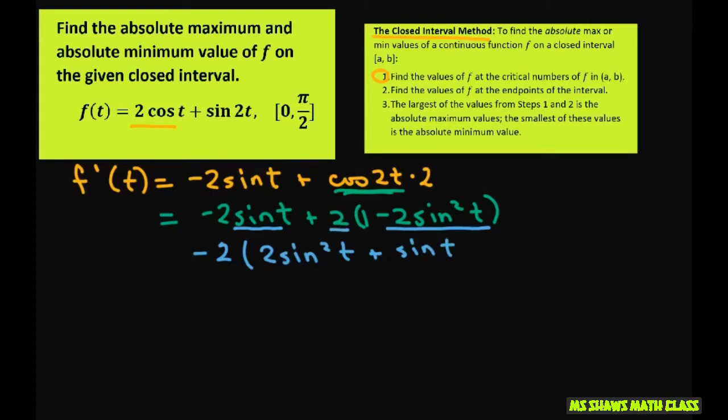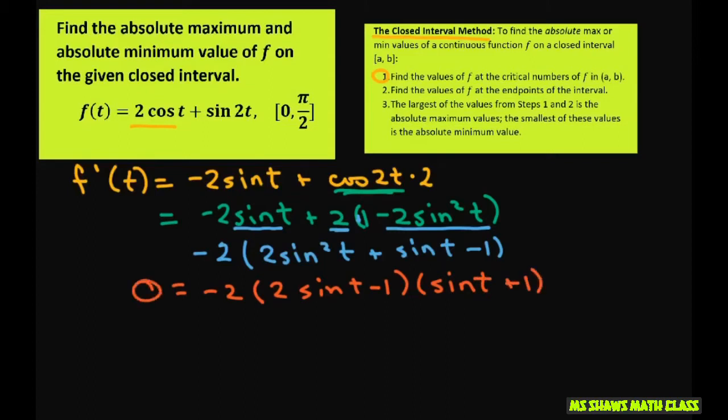And I took out a negative. This is positive, so that's now going to be negative 1. All right, now let's factor some more. And when you factor this, you get 2 sine of t minus 1 times sine t plus 1. And you set this to 0.